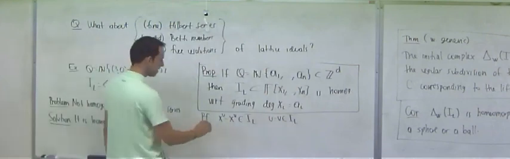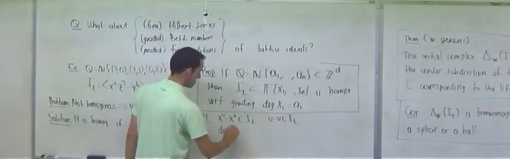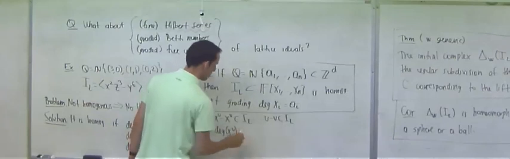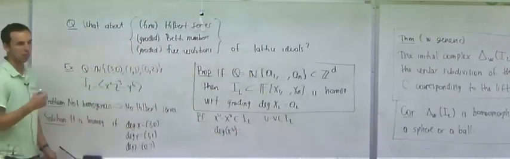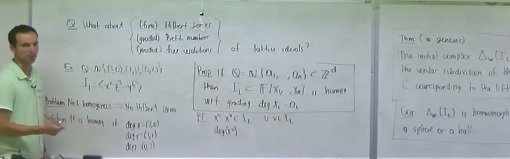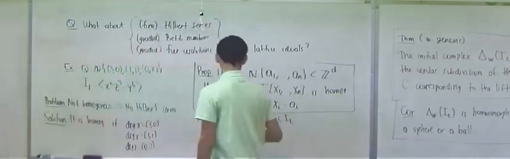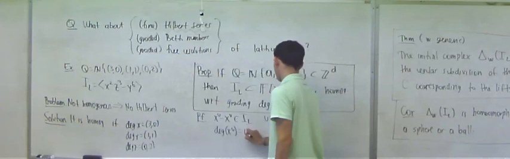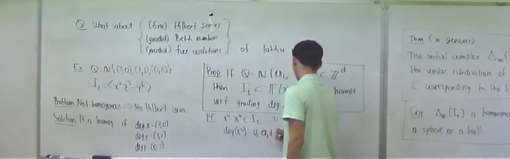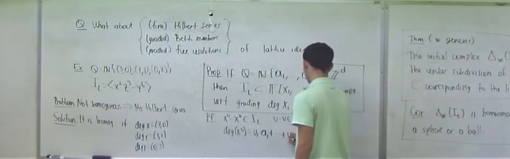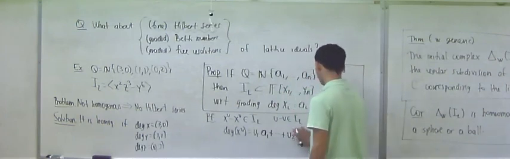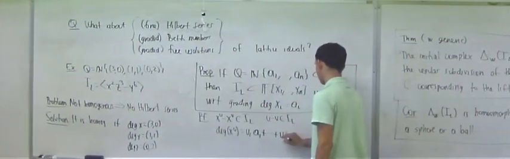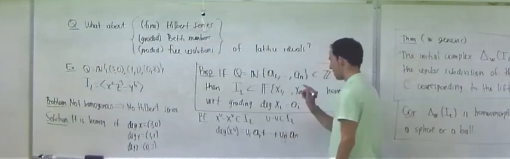So then what's the degree of x^u? Well, x^u is x1 to the u1, x2 to the u2, etc. And that means that the weight is u1 times the weight of x1, u2 times the weight of x2, and un times the weight of xn, which is a_n.